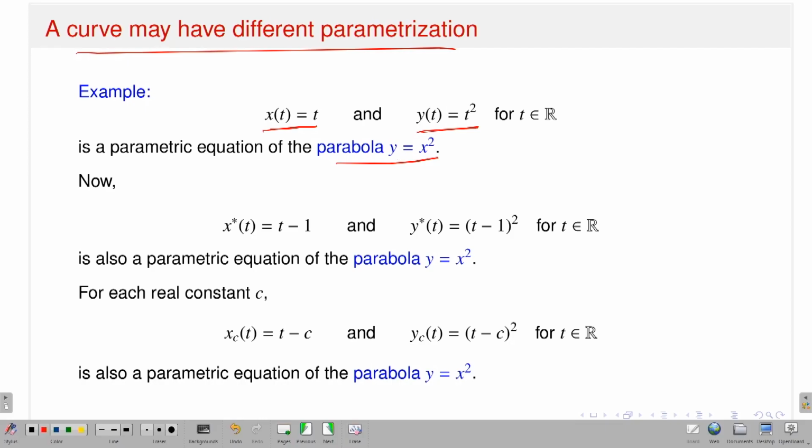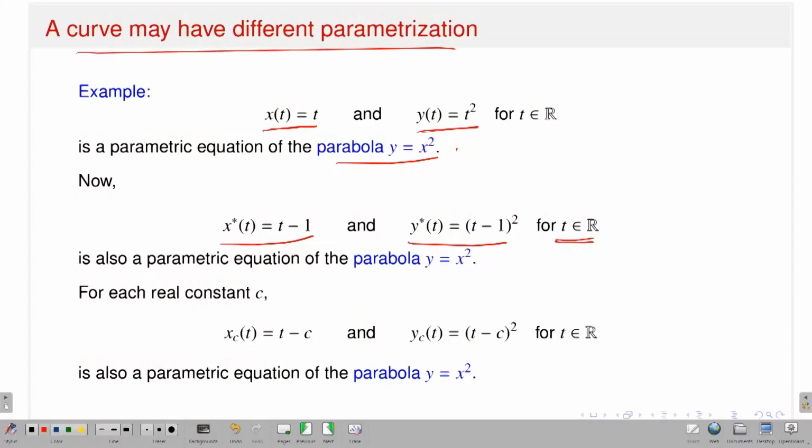So now I am changing my functions x(t) and y(t) in this way. If I take x*(t) = t - 1 and y*(t) = (t - 1) squared, where t runs over the full R, then you will also say these are continuous functions, that means the function F(t) whose component is (x(t), y(t)). It will give a curve, and that curve is the same as the parabola. So a parabola in R^2 will have various parameterizations.